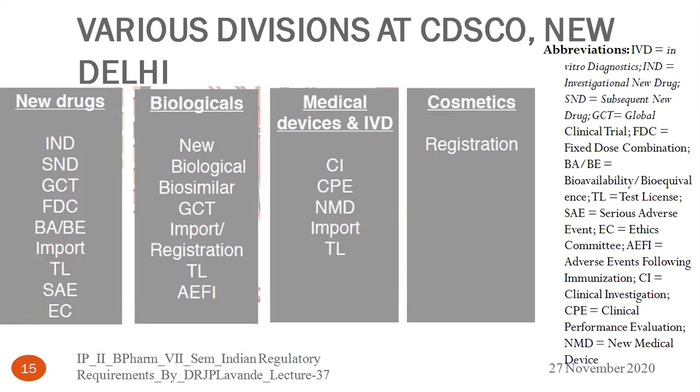It is responsible for BABE studies, that is bioavailability and bioequivalence studies. The new drug division is also responsible for controlling the import of drugs and for the testing of licenses.